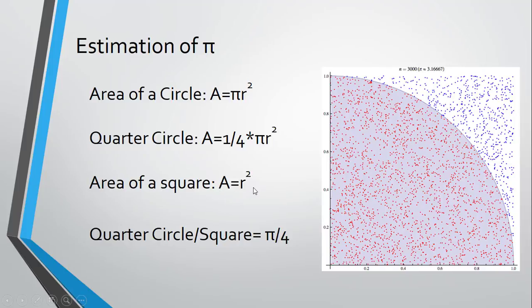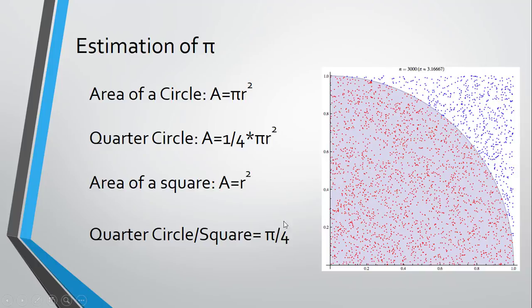If you divide the area of the quarter circle by the area of the square, the r squared terms cancel each other, and what you have left is 1/4 of pi, or pi/4.